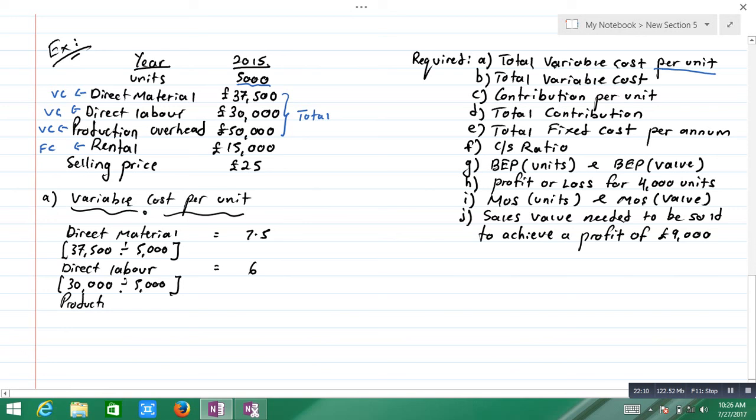So total up these, that will give you the total variable cost per unit, which is how much? 23.5. Are we okay so far, guys? So that will be total variable cost per unit, 23.5.